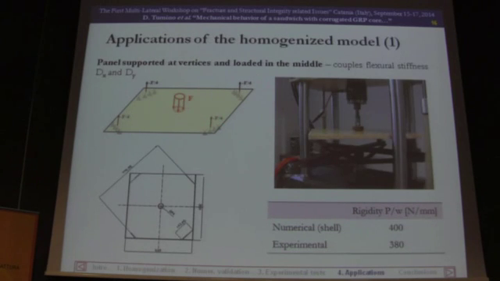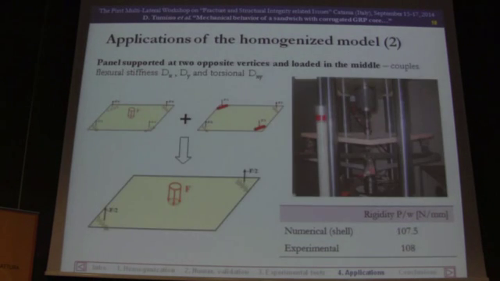The last applications were these samples coupling the two stiffnesses, Dx and Dy, so in this case it was possible to see how the model works when mixing together two different deformations, one along the corrugated direction and one normal to the corrugated direction. And with the last setup, it was possible to couple together all three deformations: the flexural in the x and y directions, and also the torsional.